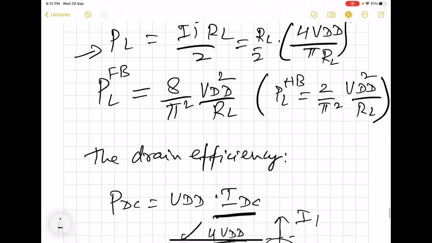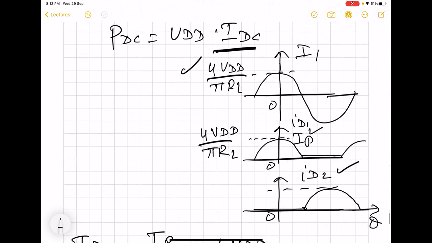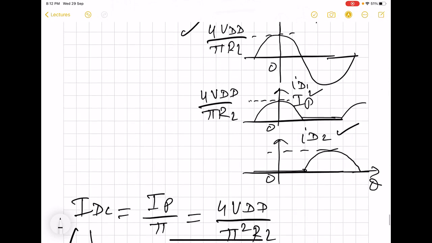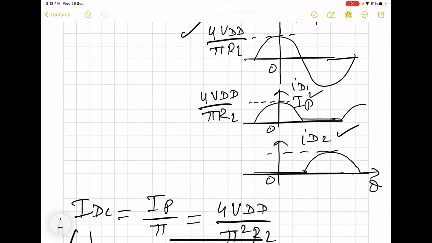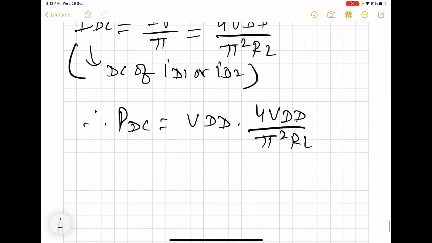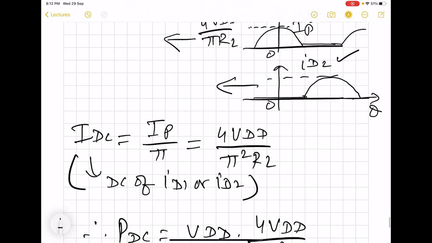No, but this time actually DC will be contributed by this one and this one both. So total DC is actually going to be 2 times the DC of one of these two.